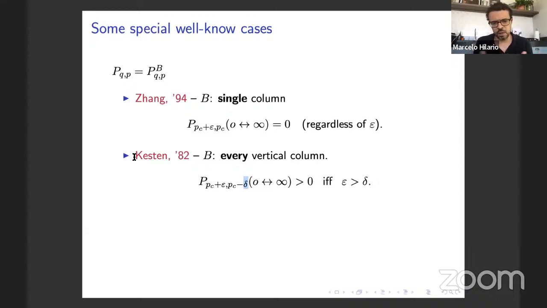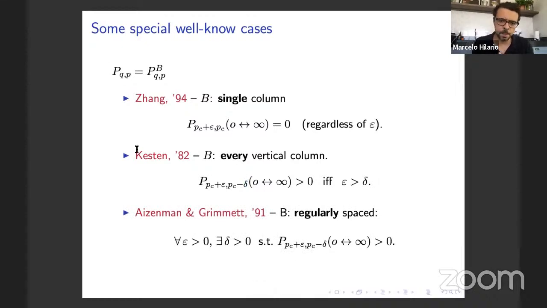And much more interesting is to think of what happens in between. There is a technique due to Aizenman and Grimmett that allows us to study this type of problem when you have these columns, let's say periodically spaced in the lattice. What this formula says is that you can increase the parameters in this set of lines B and decrease outside, not too fast, and you still percolate.